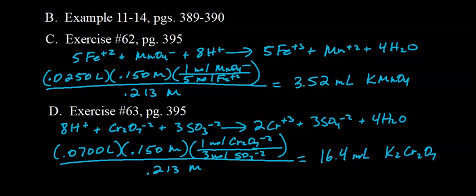Notice you'll get your volume in liters. I didn't mention that in the last example. That's a really small number here again, so go ahead and convert that to milliliters. And one more time, we have a 1-to-1 ratio of dichromate to potassium dichromate. If that was not the case, then we'd have to take that into consideration in our calculation.